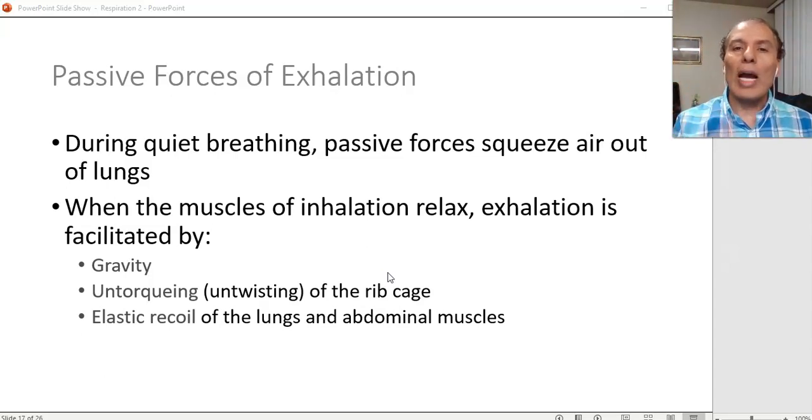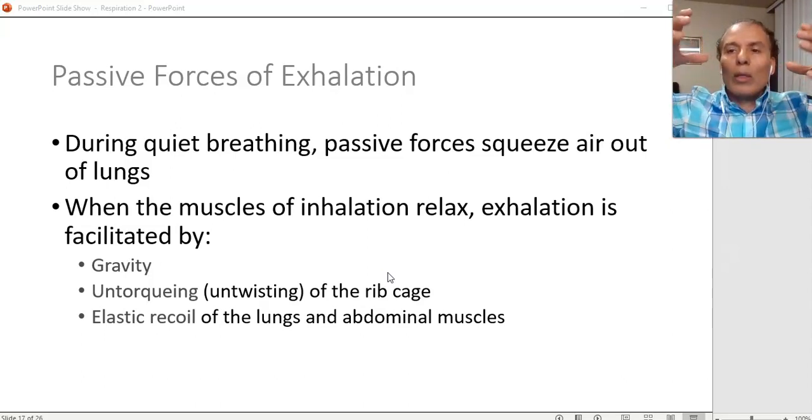So gravity will act on the thorax right as the muscles of inhalation relax. What does that do? It compresses the lungs from the sides and from the top.